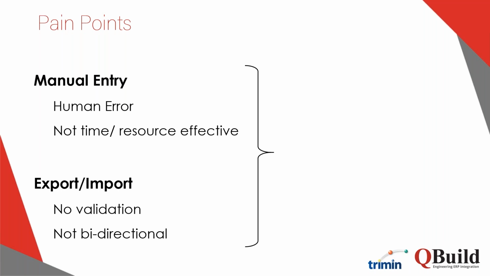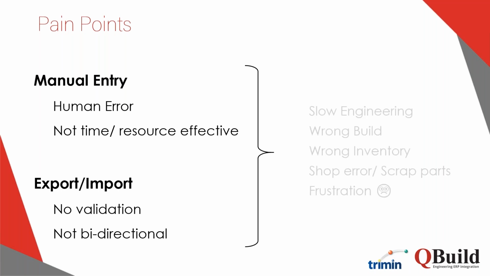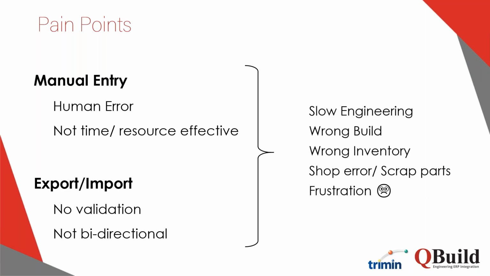So with these pain points, what does that really mean? It means with these alternatives, you have slower engineering, longer lead times, wrong bill situations, wrong inventory levels, a lot of shop floor errors and scrap, and overall frustration in the company, and especially engineering and production.